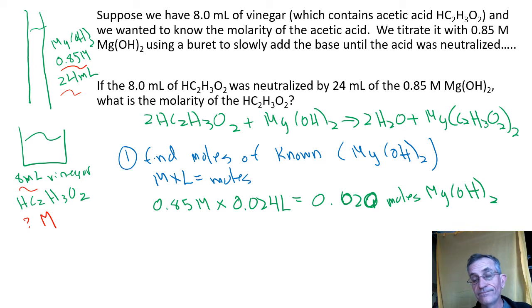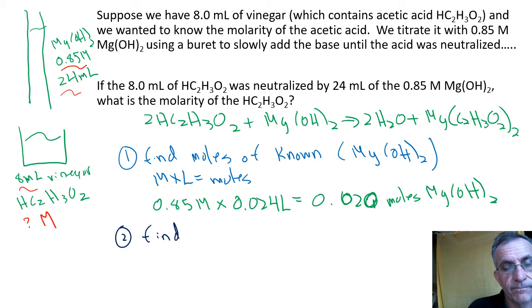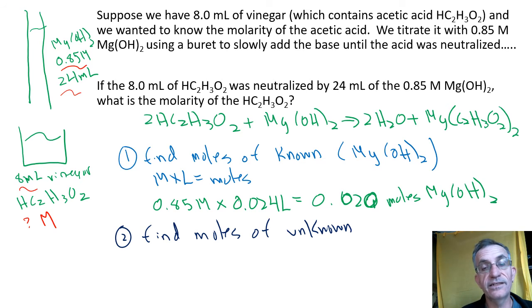Now what we're going to do, again, this might sound a little familiar from stoichiometry. We're going to go from moles of one thing to moles of the thing you're solving for. So the next step is we're going to find moles of the unknown. Now the unknown, hey, that's what I'm asking you about. I wanted to know the molarity of this acid that's in vinegar.